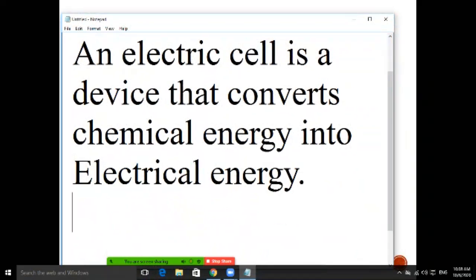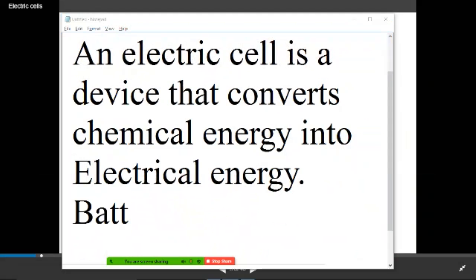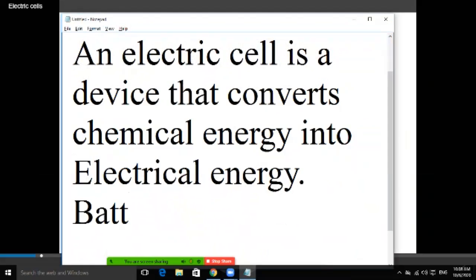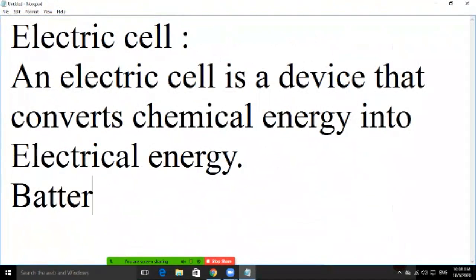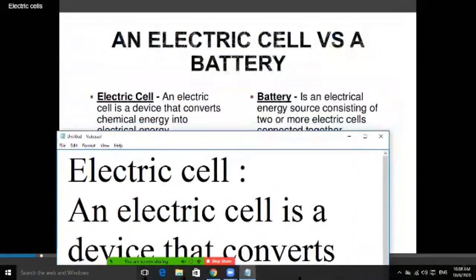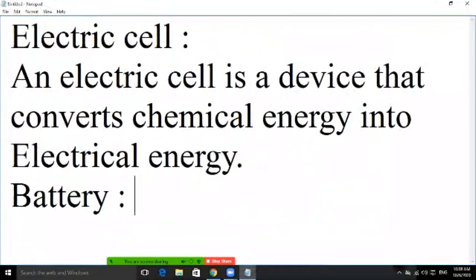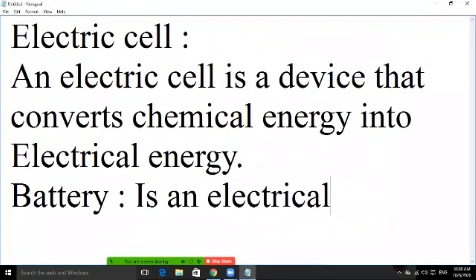If I talk about the battery, a battery is an electrical energy source consisting of two or more cells. So all of you write down.